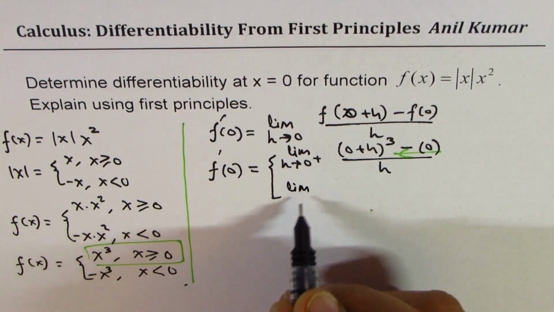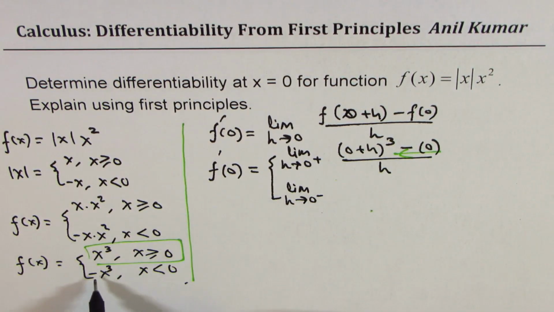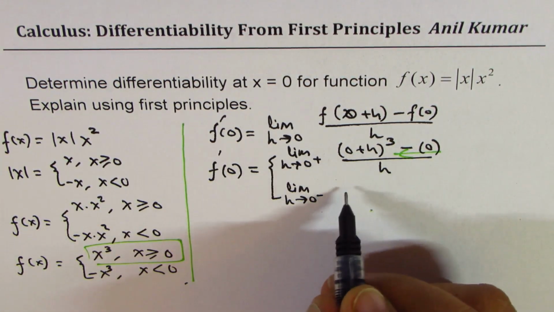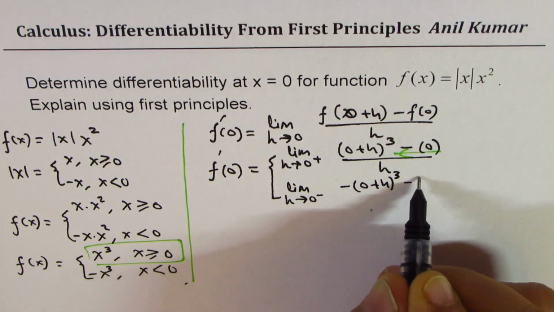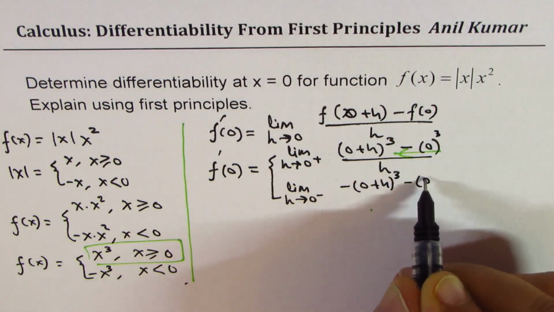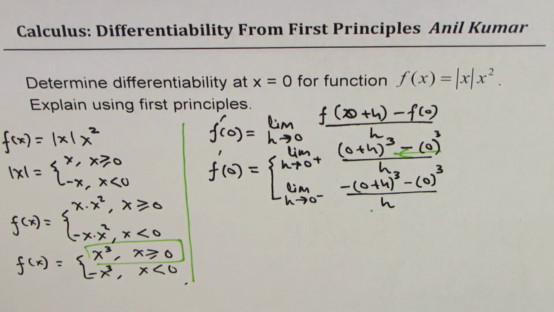And the limit when h approaches 0 from the negative side is going to be negative of this, right? So it is negative of 0 plus h whole cube minus 0 cube, over h. Does it make sense to you? So that is how it is.